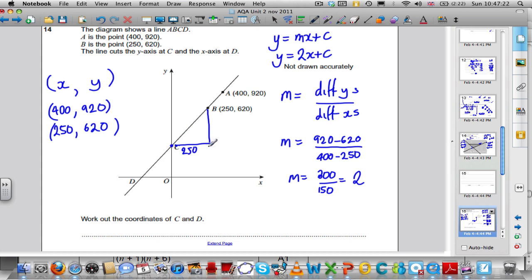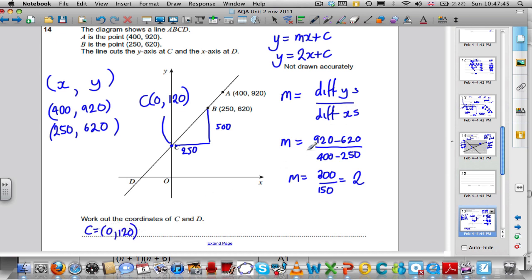So as I go across 250, I must go up twice that, which is 500. So C must have coordinates 0 and 620 subtract the 500, which is 120. So C must have coordinates 0, 120.